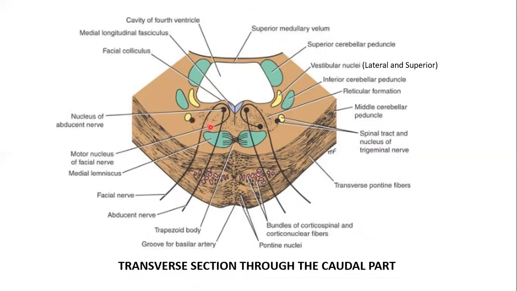So this is the facial nucleus. In embryological life, this facial nerve nucleus was lying here, lateral to the abducens nucleus, and it had a tendency to move towards the trigeminal nucleus. Here it moves like this, and comes close to it.